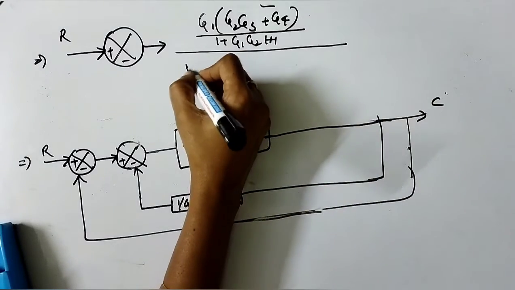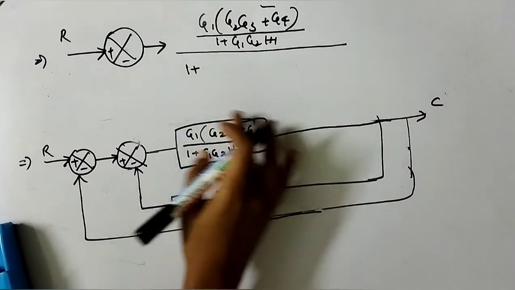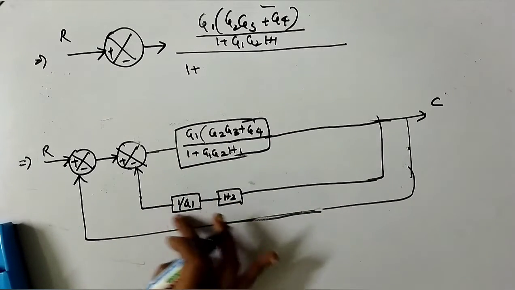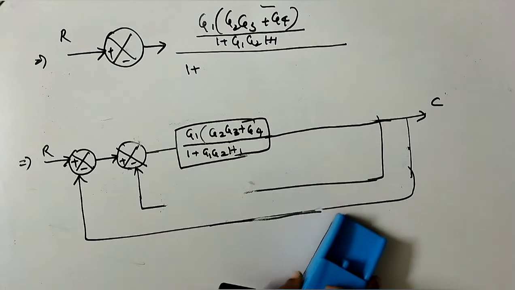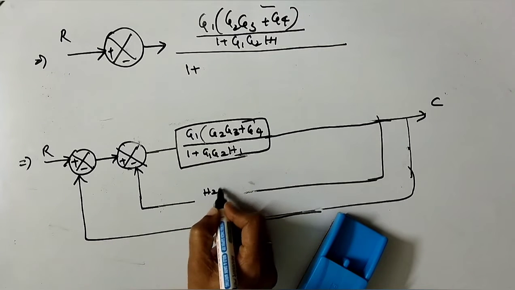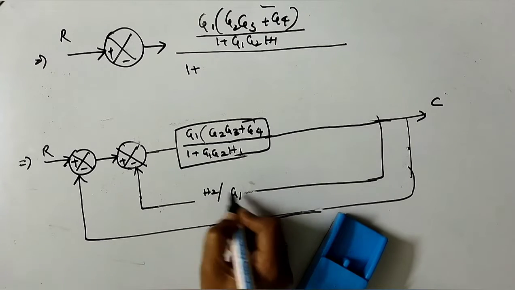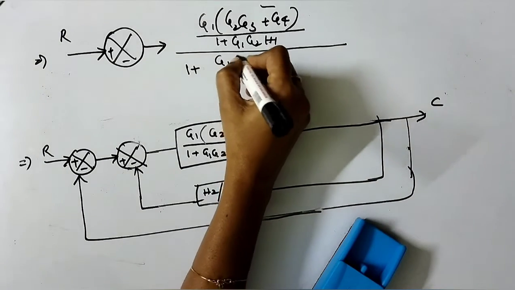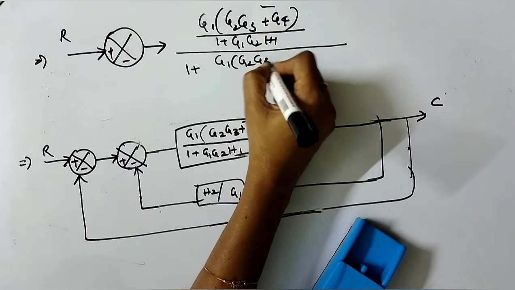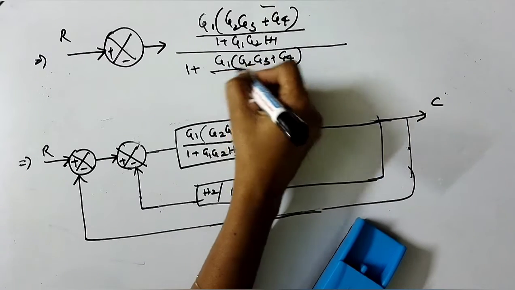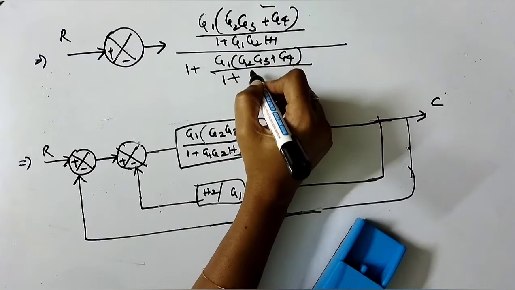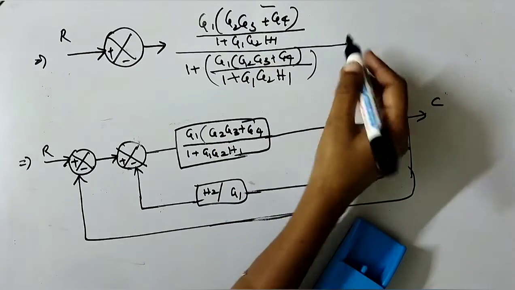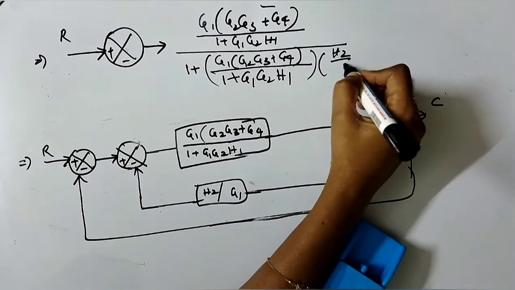Both you can cascade here with H2 by G1. So we get G1 into G2 G3 plus G4 by 1 plus G1 G2 H1, into H2 by G1.